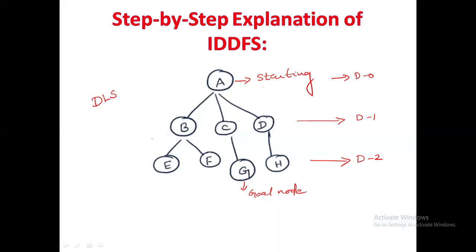In DLS, if the depth limit is 1, the algorithm will stop there. But in IDDFS, the algorithm will move on until we get the goal node, step by step, going to depth 0, depth 1, and finally depth 2. This is the main basic idea of IDDFS.